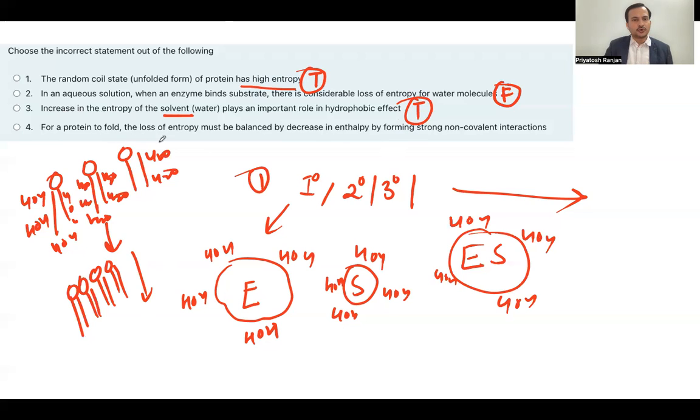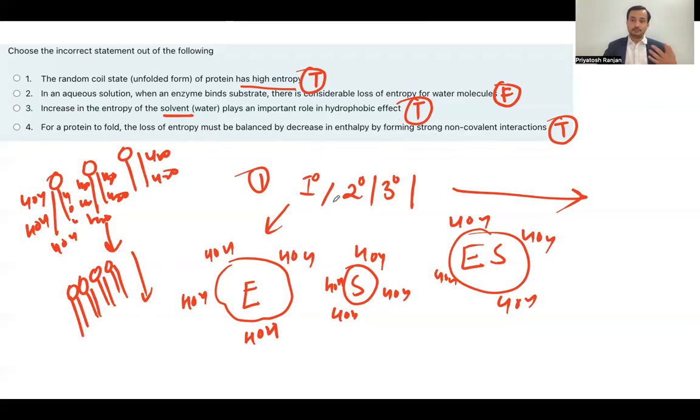Fourth, for a protein to fold, the loss of entropy must be balanced by decrease in enthalpy by forming strong non-covalent interactions. Seems true. Remember the same thing which I was explaining in case 1. If I'm moving from 1 to 2 to 3, there is an increase in the entropy of the water molecules. But what is happening for the protein molecule?